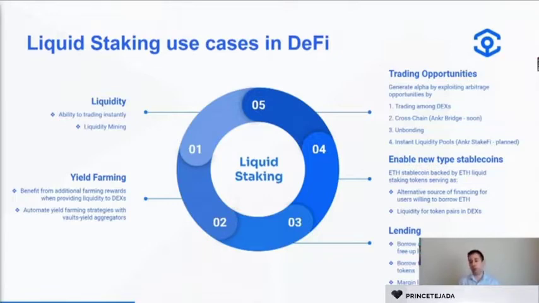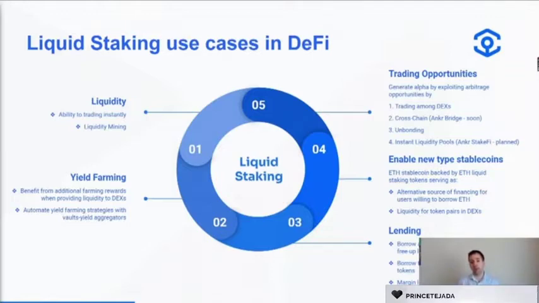So we're working with ONX Finance, for example, a strategic partner, where we're developing those lending use cases on top of liquid staking. They adapted their lending platform exactly for what we need, and ultimately we're going to explore margin lending possibilities related to that.